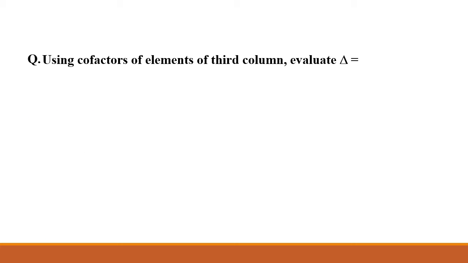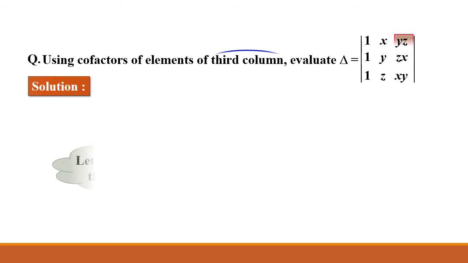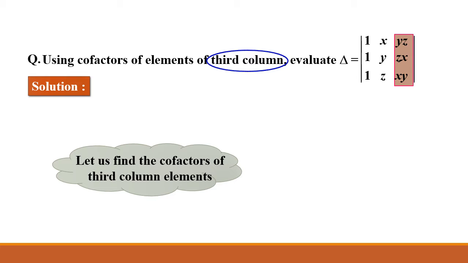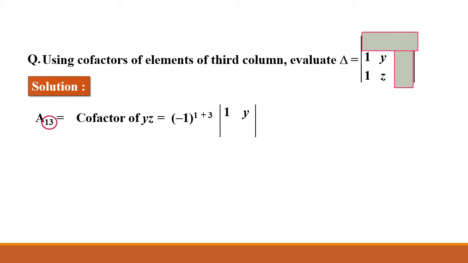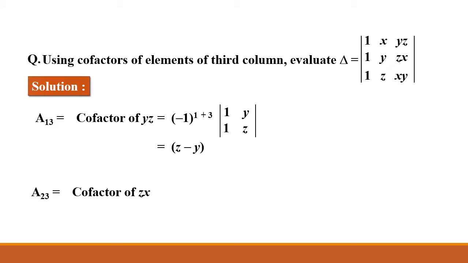Next question. Using the cofactors of the elements of the third column, evaluate delta equal to 1 x yz, 1 y zx, 1 z xy. First we will calculate the cofactors of elements of the third column. A13 is equal to minus 1 raised to 1 plus 3, 1 y, 1 z. On simplifying we get z minus y.